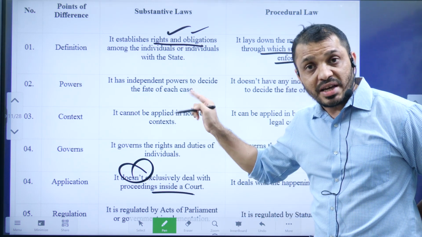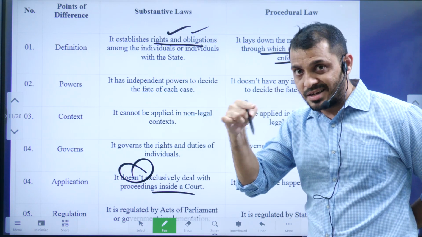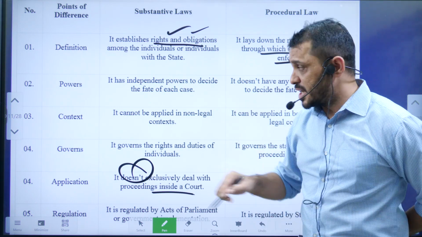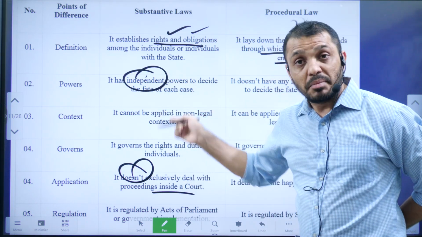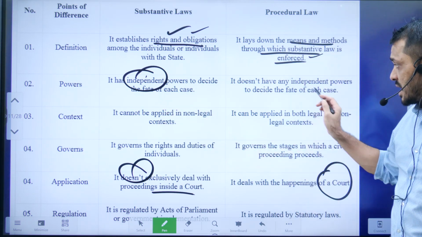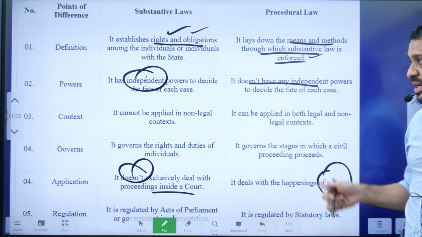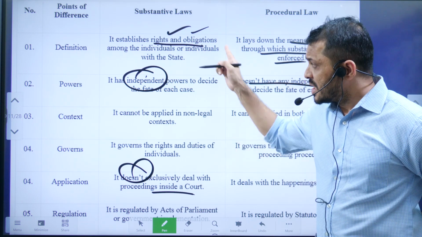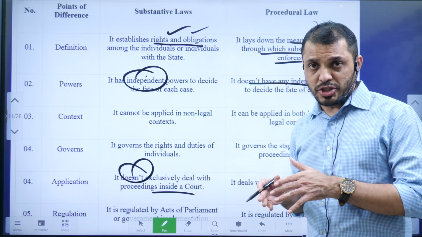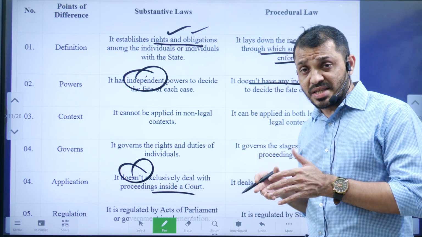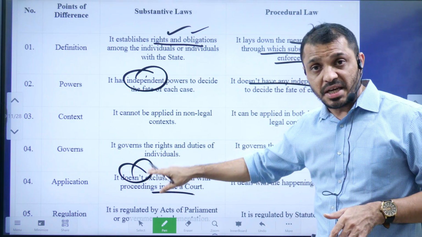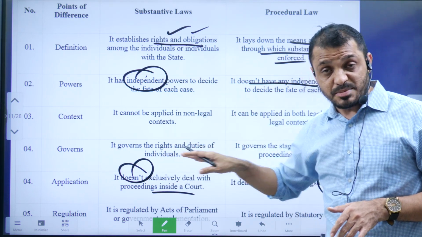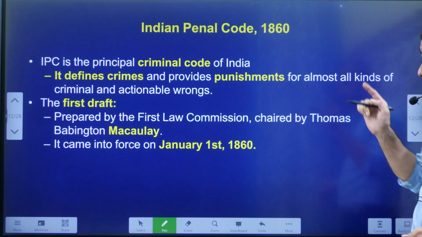Substantive law is independent because it defines the crime and the punishment. But without substantive law, there is no procedural law, so it is not independent. That you have to understand. The rest of the things are very minor differences, but whatever I explained here are the major differences between substantive law and procedural law.